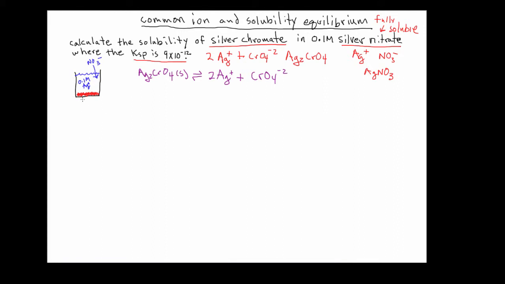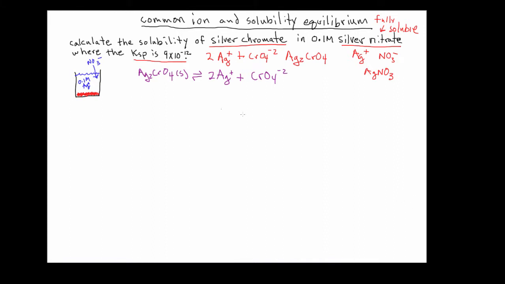You have this beaker, you layer in the silver chromate, which is a powder or solid crystal, and then over the top of that we layer in the 0.1 molar silver nitrate, of which the silver is fully soluble. So we have a 0.1 molar solution of silver ion sitting on top of this solid, and then we allow the system to come to equilibrium. That's the part you need to understand: we're going to let this thing shift to equilibrium.